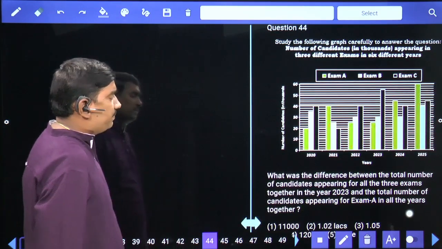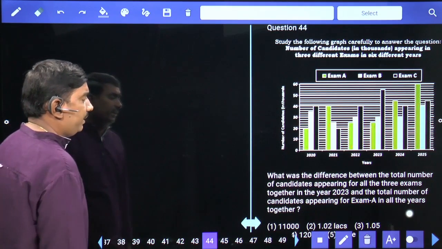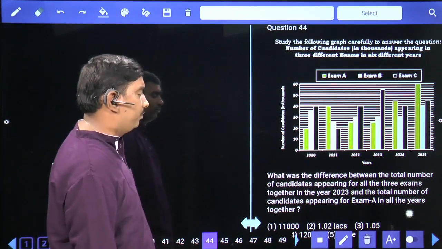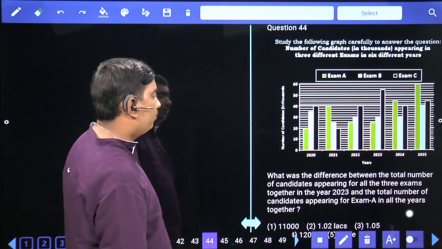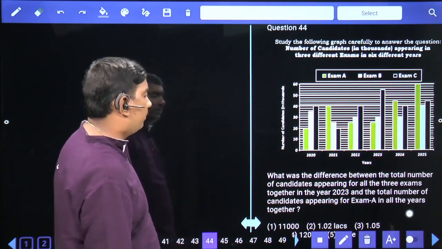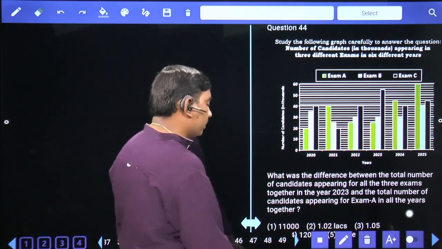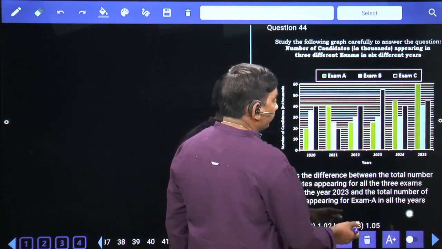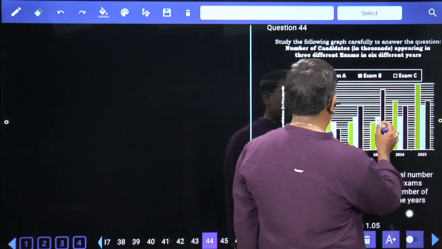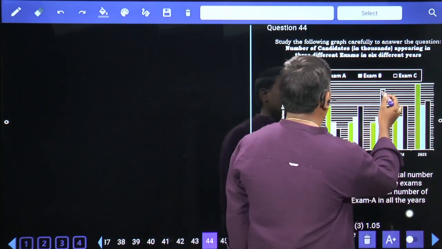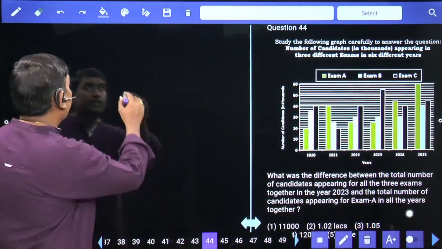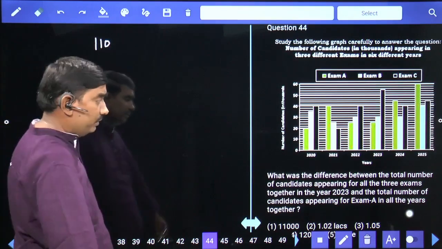What was the difference between the total number of candidates appearing for all the 3 exams together in 2023 and the total number of candidates appearing for exam A in all the years together? Okay, 2023 all exams are 25 plus 30 is 55, 55 plus 55 is 110. That is the 2023 total.